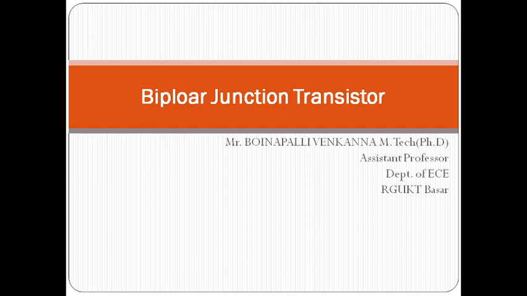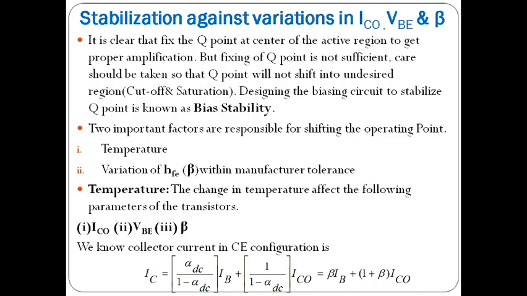So in this operating point VCE and IC, the collector current is not stable and it is varying with some of the parameters I mentioned here. So when collector current is varying, then load line also varying.